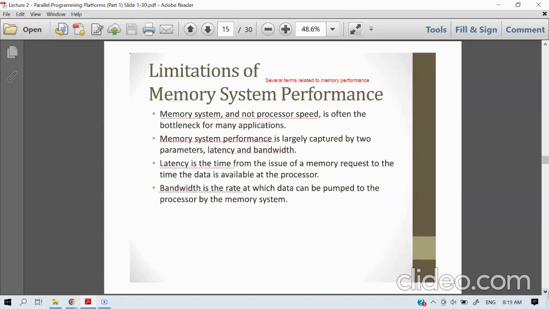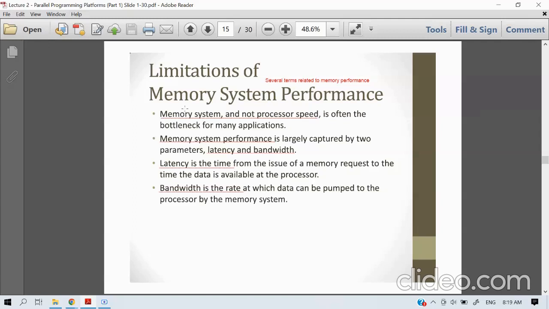All right. So this slide shows you the limitations of memory system performance. There are some terms related to memory performance that you need to know. The first one is the memory system, and not processor speed, is often the bottleneck for many applications.